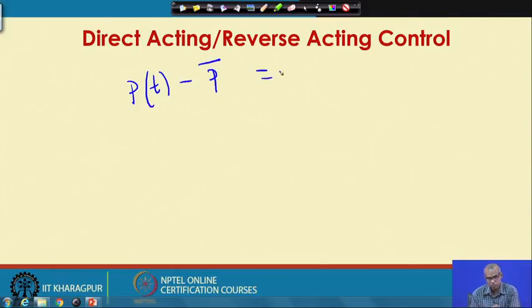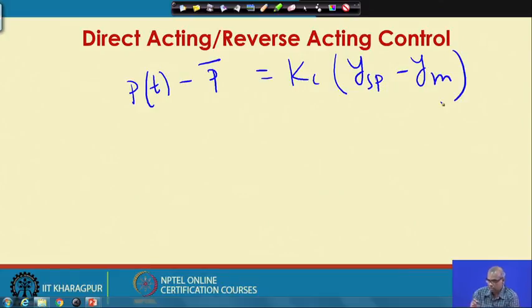Let us write down how the output of a controller, let us say for a proportional controller, changes with the error signal, which is nothing but the difference between the set point and the measured signal. So, this is the output of the controller.